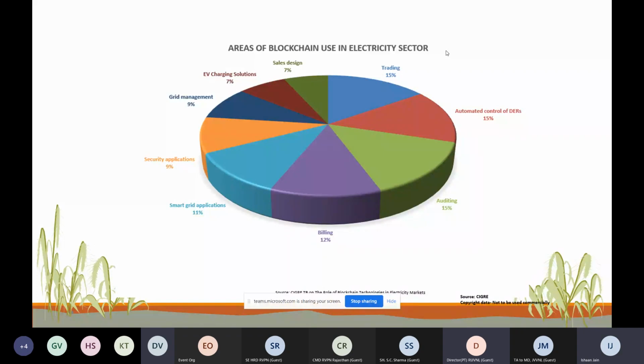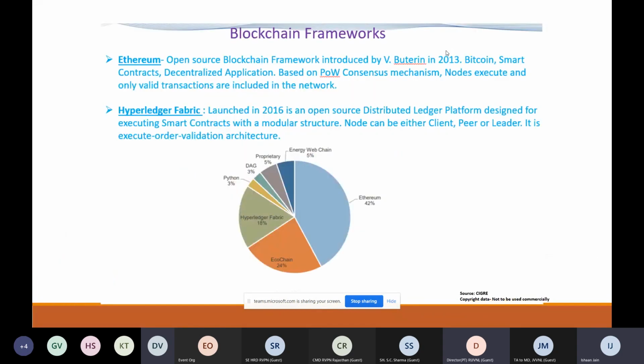You cannot give them highly sophisticated infrastructure. So you need to go for some small applications, and those small applications will definitely help us manage the grid in a better way. And as we go on progressing in this presentation, you will understand how this small blockchain application will help the grid at large.